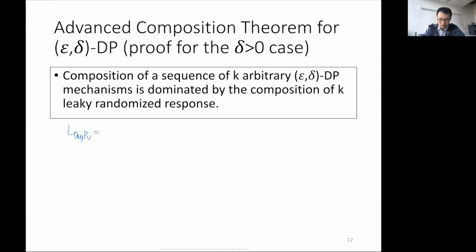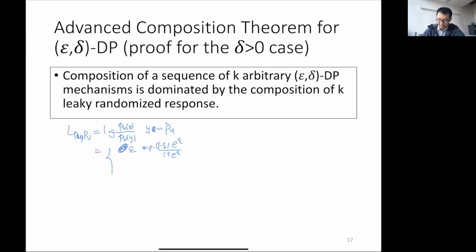In this case, this random variable is equal to log of PU of y over PV of y, when y is drawn from PU, and this becomes e to the power of epsilon, so this is epsilon.